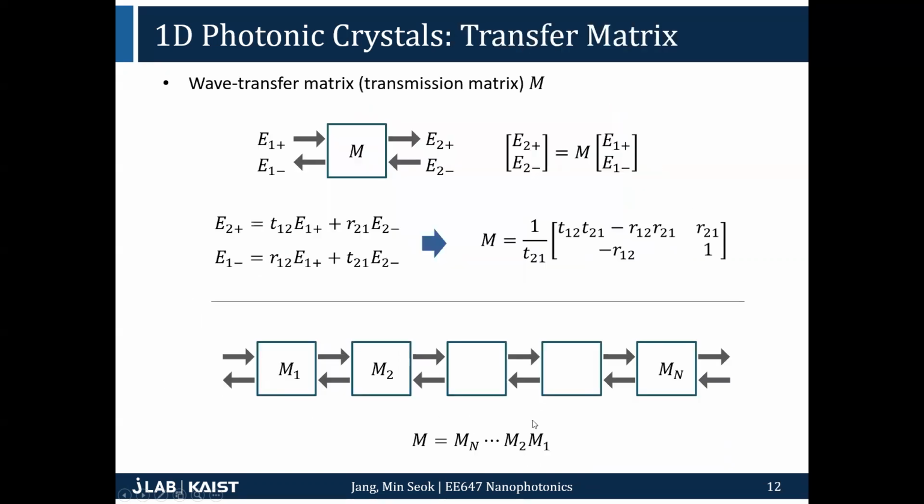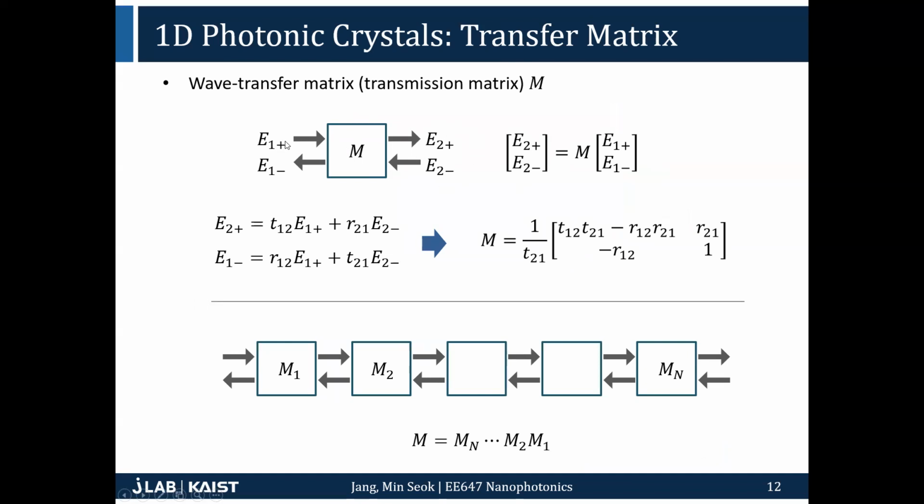Then we introduced the concept of the transfer matrix in order to solve this 1D crystal. The transfer matrix connects electric fields on one side to electric fields on the other side.